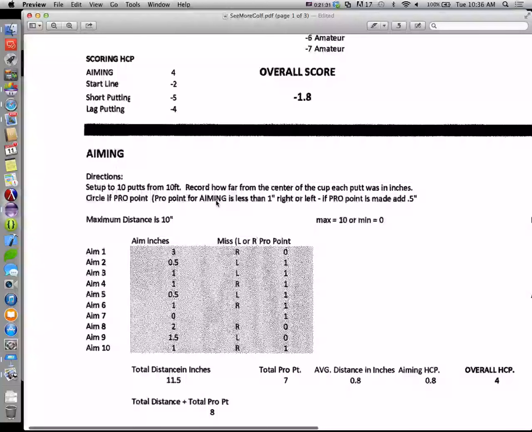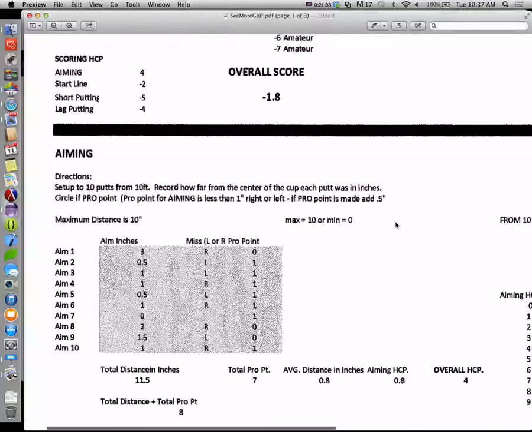So pro point for aiming is less than 1 inch right or left. So if we are less than 1 inch right or left, is that 1 inch or is that 1 degree? You see, they awarded them a pro point in all these places where they had 1 inch. Well, they say 1 inch, but it's actually 1 degree.